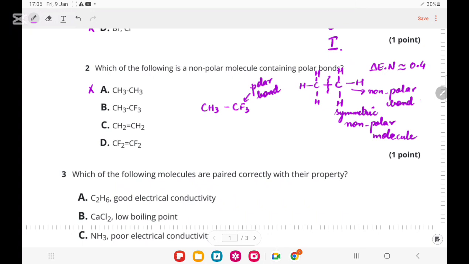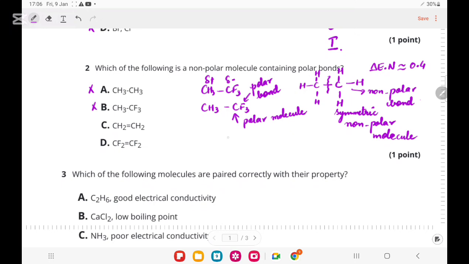So it makes the molecule polar. Why is the molecule polar? Because CF3 being more polar is going to induce a partial negative charge here and partial positive charge here, because it has polar bonds. So this makes the molecule a polar molecule, so this option is also incorrect.